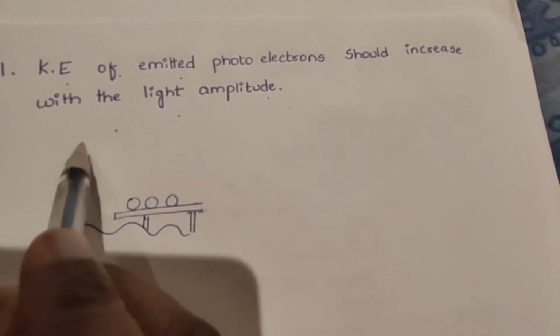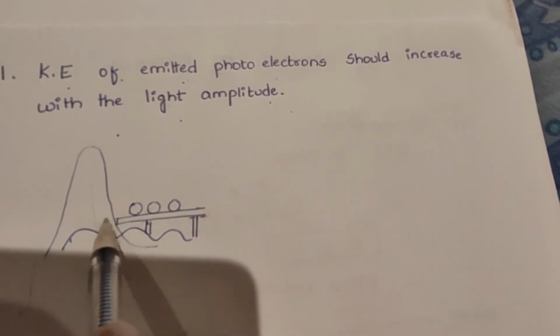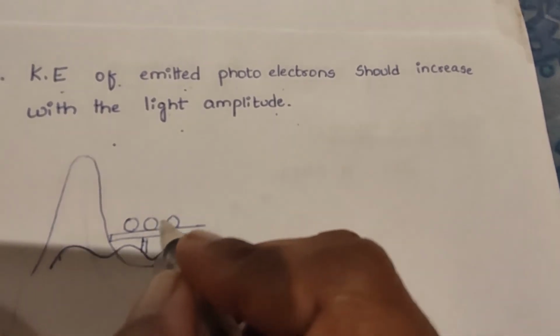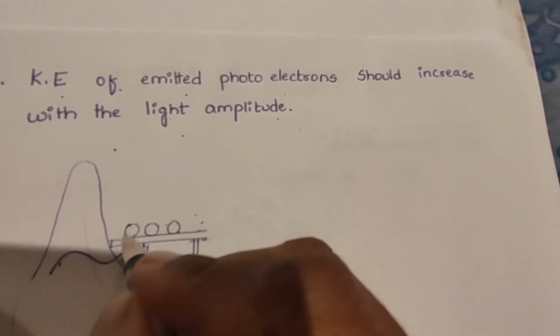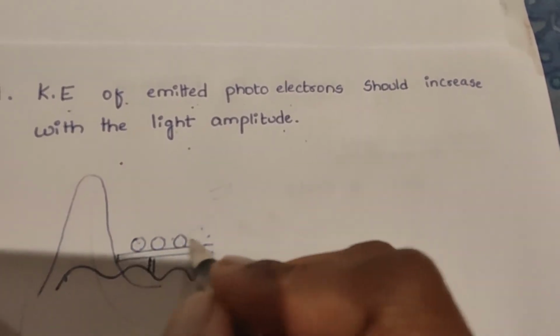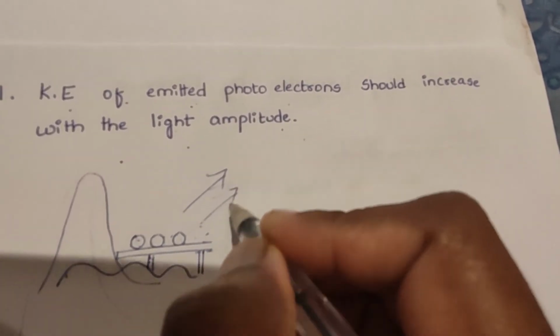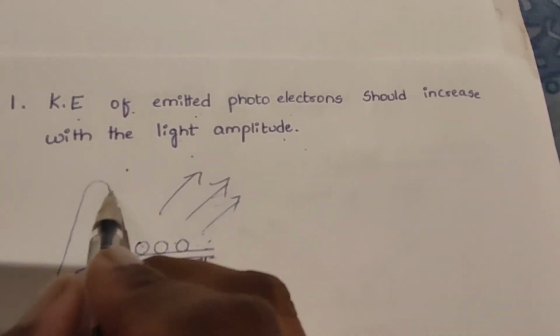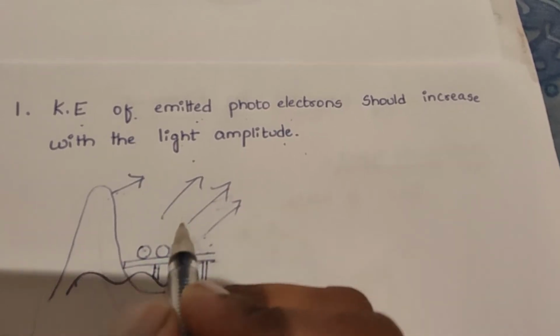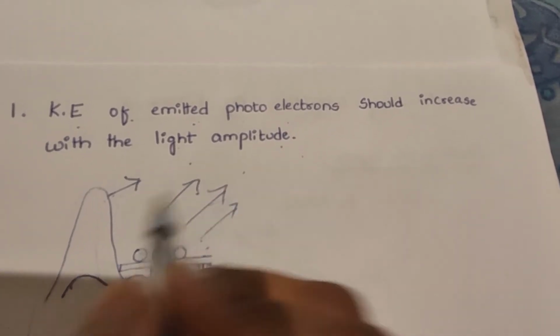If a high amplitude wave hits the dock, then the balls get displaced with high speed. That is, the kinetic energy of these balls will be more.